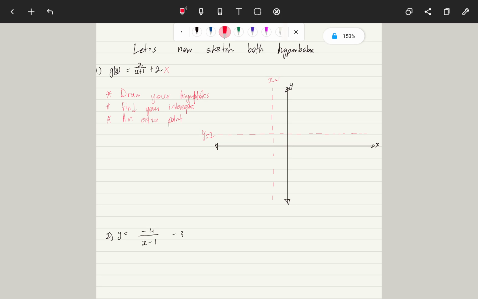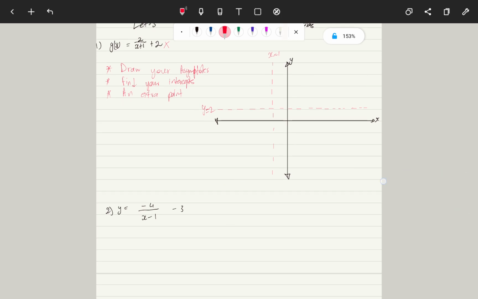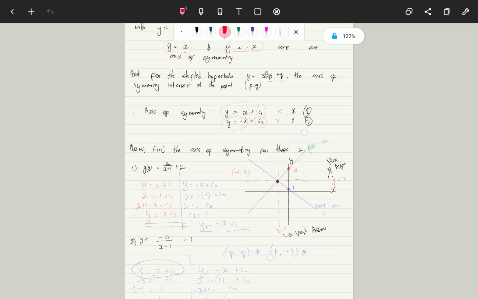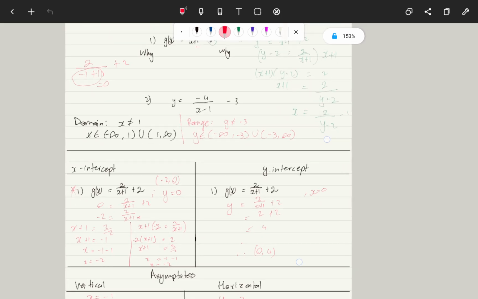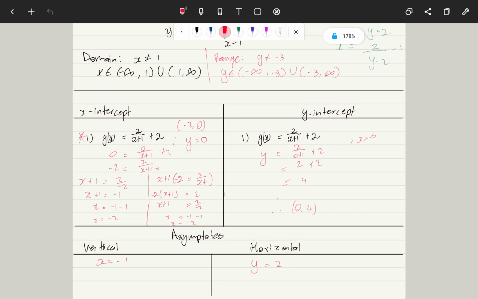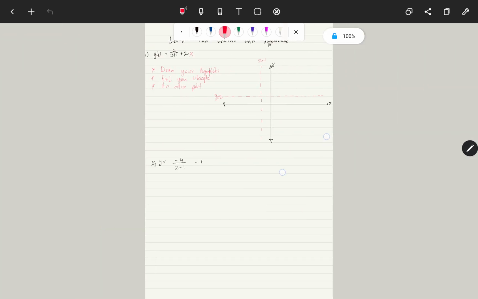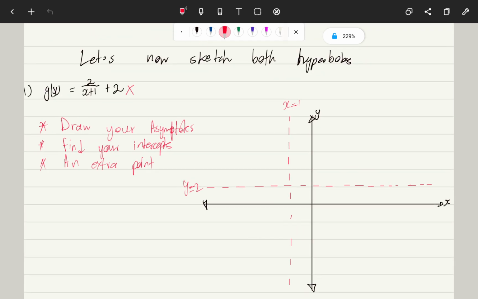We did do this problem. Let me go back. Where did we find those things? So yeah, we used this. My x-intercept was (-2, 0) and my y-intercept was (0, 4).